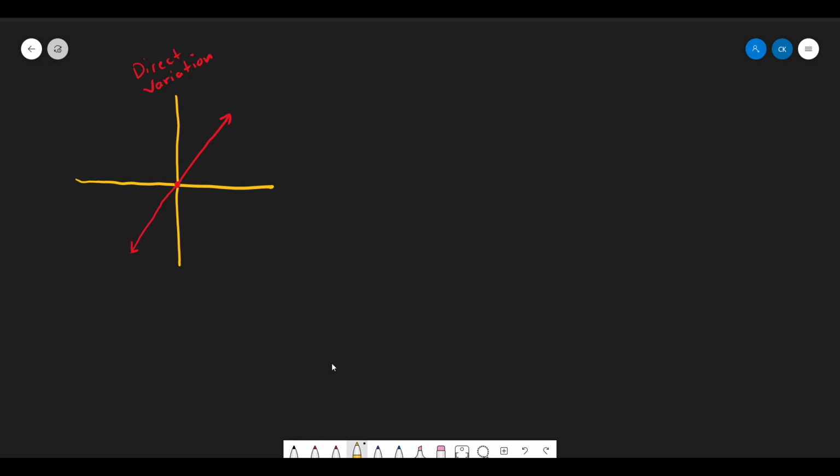Now, inverse variation functions, they're going to look a little bit different. Okay? Inverse variation functions will always look something like this. They're always going to have one, I guess you would call this like a half, almost like an exponential graph going down. But then it's also going to be on the other side as well.